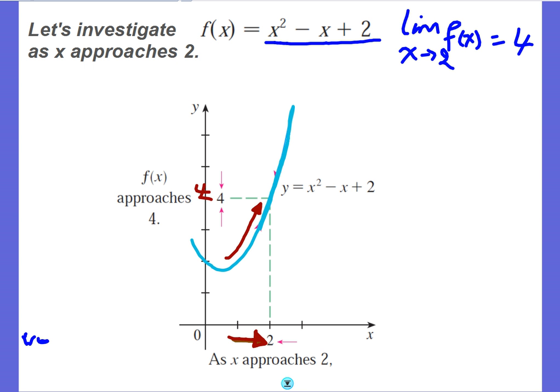And when x is getting close to 2 from the right side, y will also be getting close to 4. Because from the left side and from the right side, y is approaching the same value, 4, it means that the limit as x approaches 2 of f of x is equal to 4.